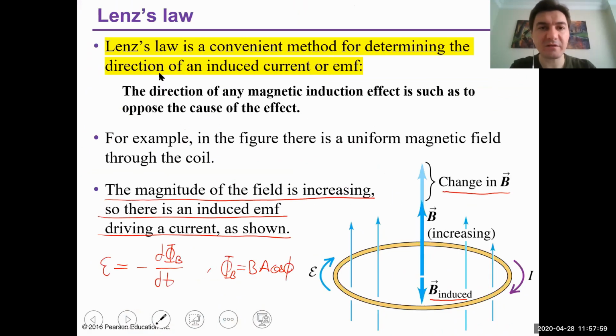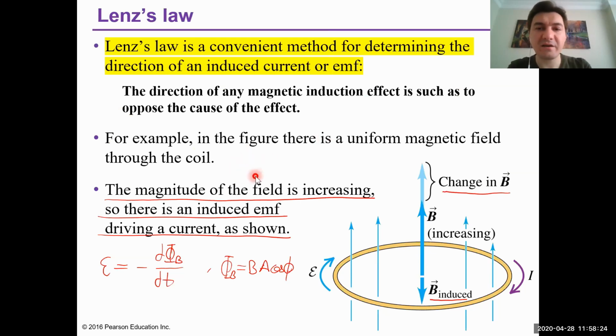It is considered simple compared to the other case. So how to apply this one? The direction of any magnetic induction effect is such as to oppose the cause of the effect. So you can consider the system like this: the system will fight against the change in the system.